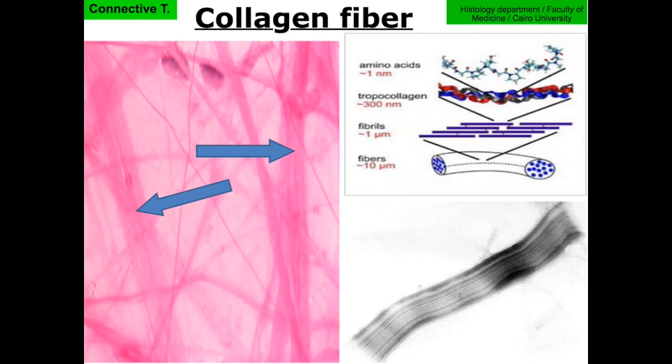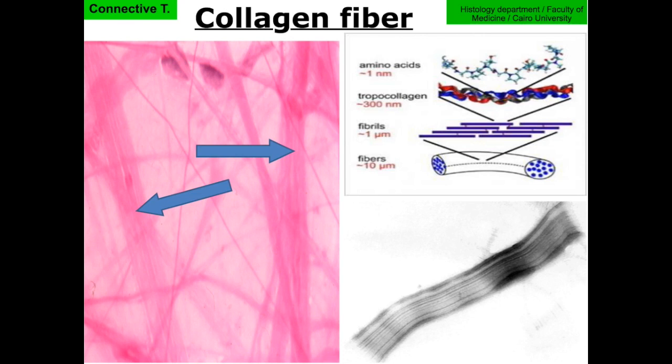Don't forget that the collagen fibers are of more than 20 types. You should remember at least 1 example for each type. Type 1, for example, is present in the connective tissue proper and in bones. Type 2 is present in the cartilage. Type 3, which is the reticular fibers, is present also in the loose connective tissue and in the stroma of glands. Type 4 is present in the basal lamina.